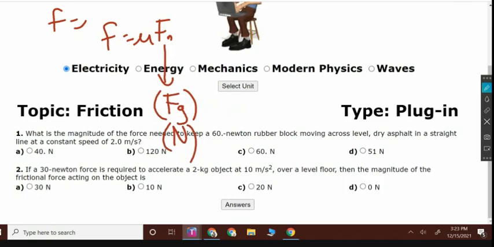You get that from the reference table, or maybe that's what you're looking for. Maybe they give you these two things and ask you to find mu. Or maybe they say it's rubber on wet concrete, and then you have to look it up and put it in. So a lot of people are worried about friction, but it's actually quite a tiny percentage of it. And at least two of them are super easy.